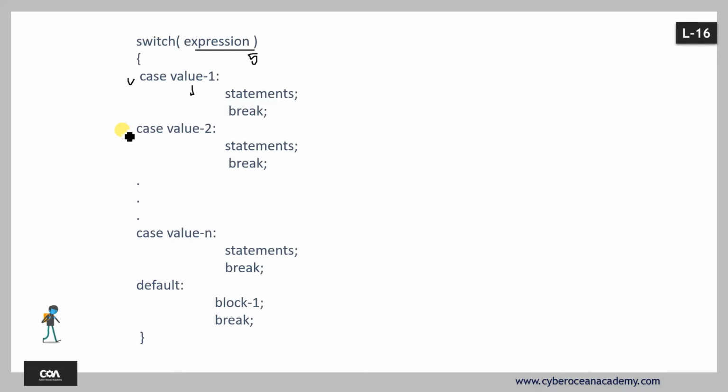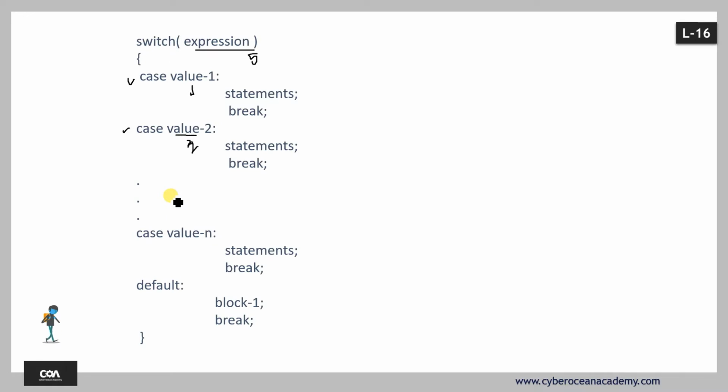So it will go to the next label and check the value again. Here I have written the value 2. In the same way it will check the next label and the next label and the next label. Suppose it finds a case label with the value 5.